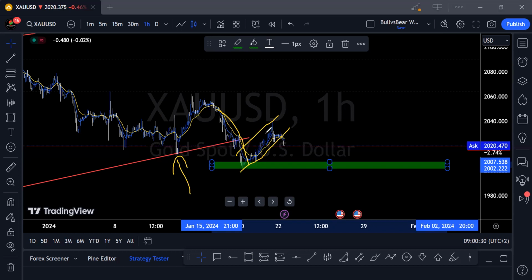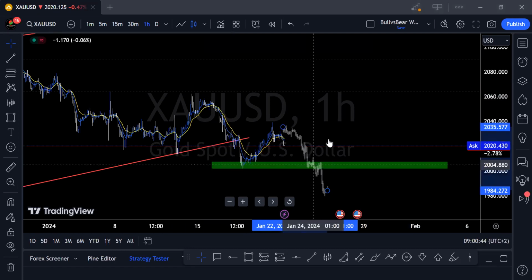Okay, so now I can say what will gold do this morning or today? Gold will just respect this impulse until here and then do something like this, right?